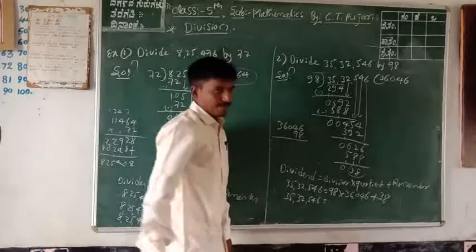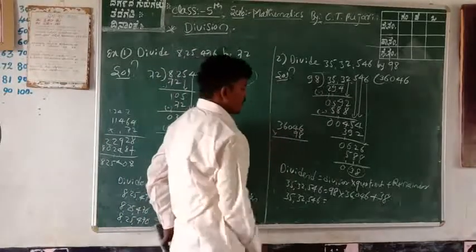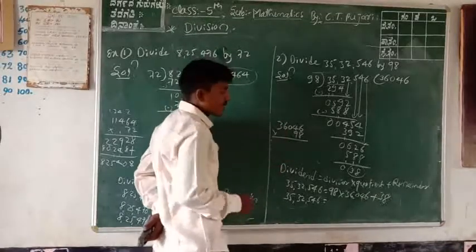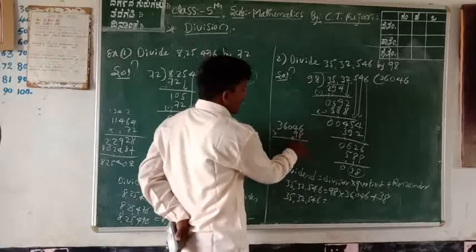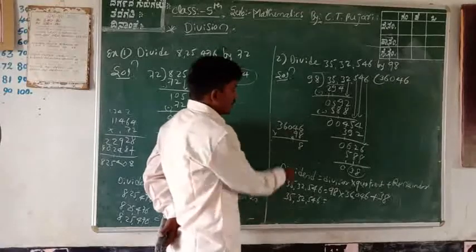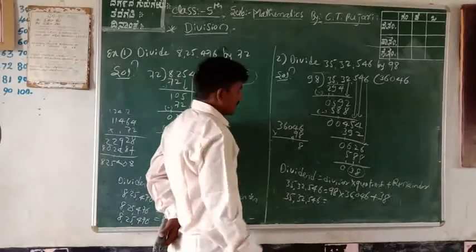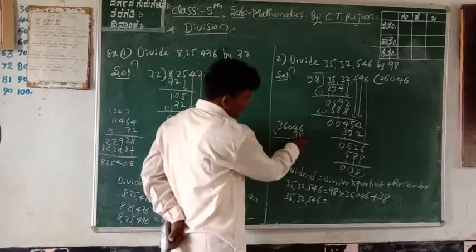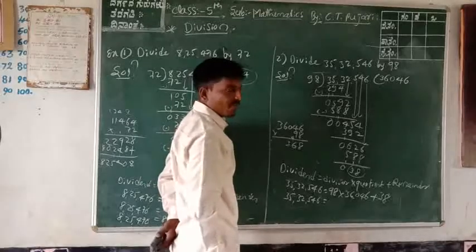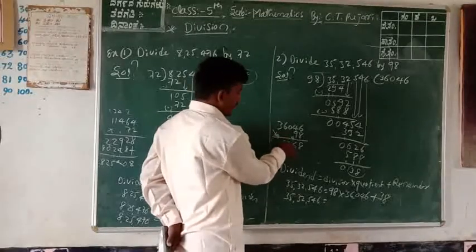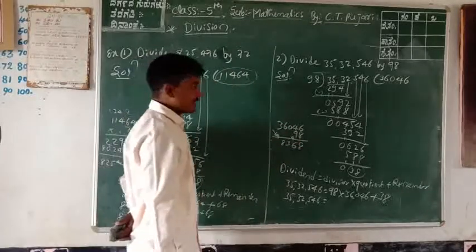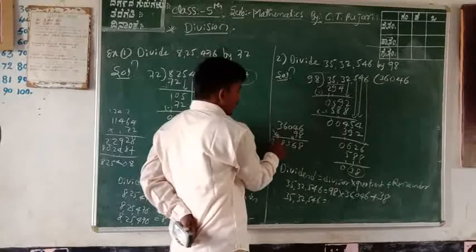The product of these two: 8 6s are 48. 8 4s are 32, 32 plus 4 is 36. 36, directly 0. 3. Next again 8 6s are 48. You take 4. 48. Next 8 3s are 24. 24 plus 4 is 28.